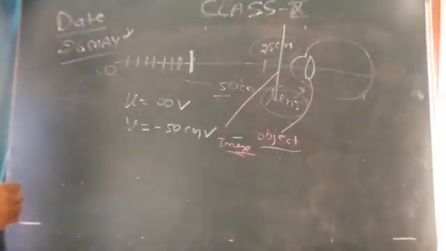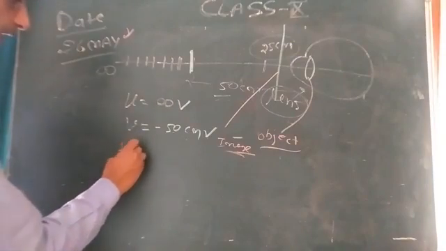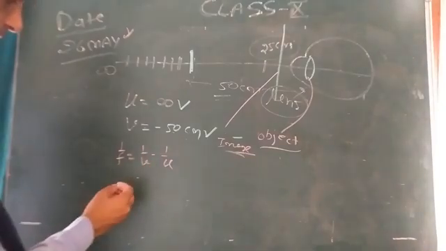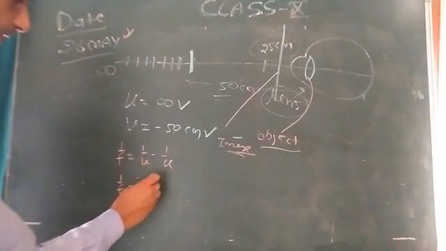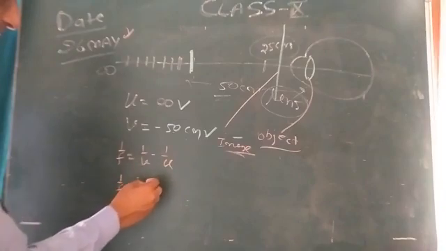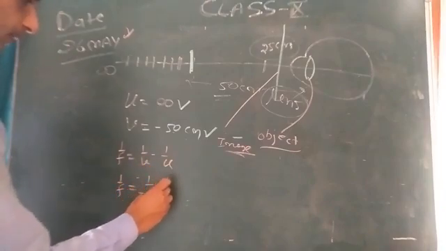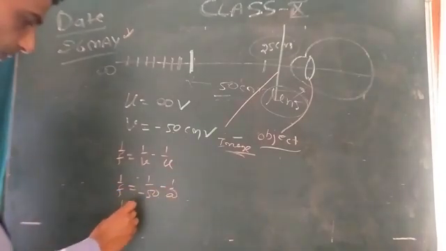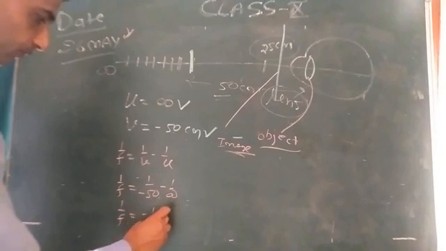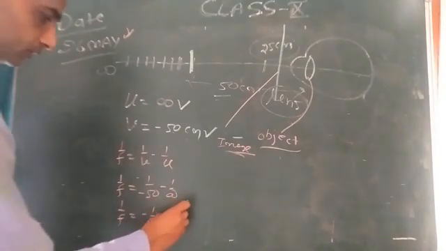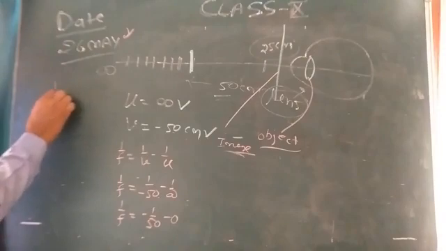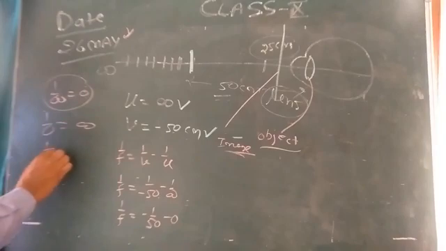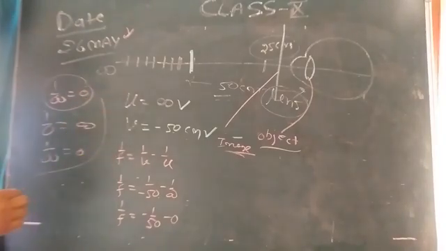So now we have to find the focal length. 1 upon f equal to 1 upon v minus 1 upon u. So 1 upon f equal to 1 upon minus 50, and u is infinity. So 1 upon f equal to minus 1 upon 50, and 1 upon infinity is equal to 0, because as you know 1 upon 0 is equal to infinity, so 1 upon infinity is equal to 0.